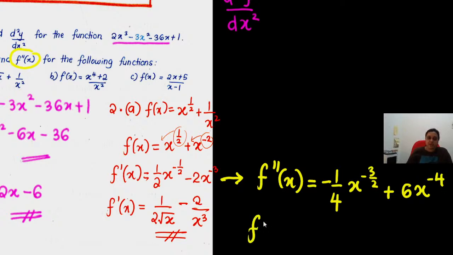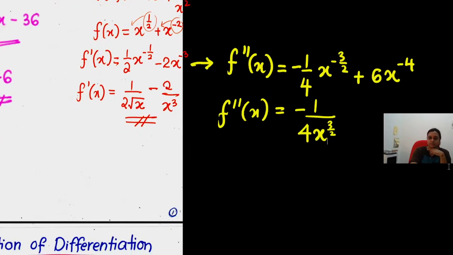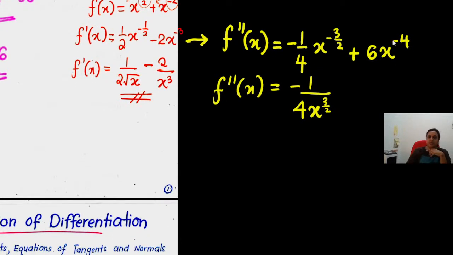Now you can rearrange your answer. So you bring it down: negative 1 over 4 x^(3/2), plus 6 over x^4.